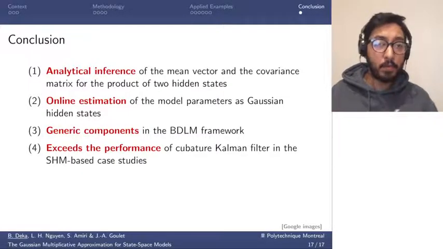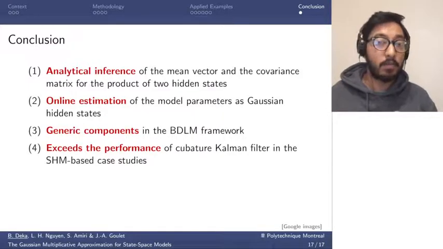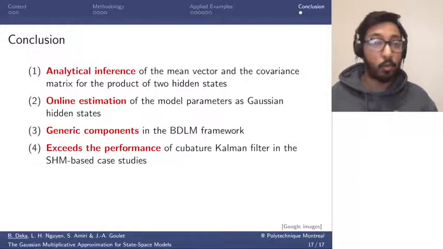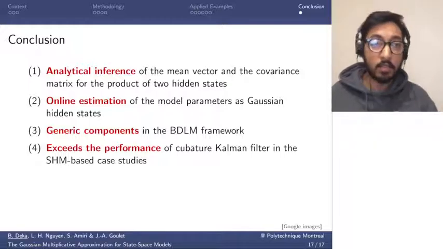And in our paper, we show that we exceed or match the performance of Kalman filter in the SHM-based case studies that are shown, which are numerical example 2 for the trend multiplicative and numerical example 3, which is the double kernel.